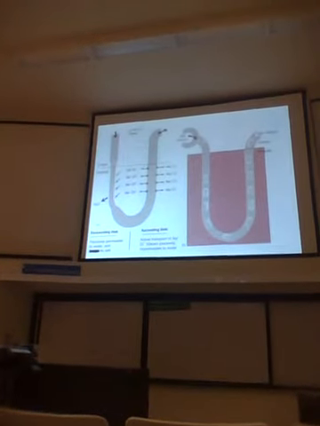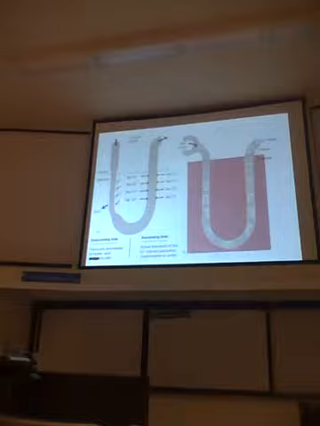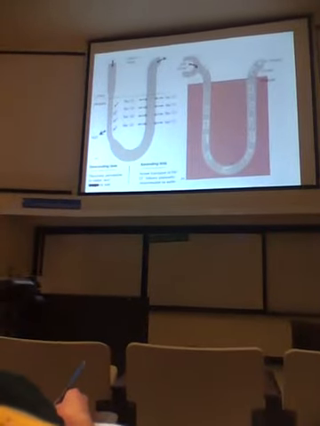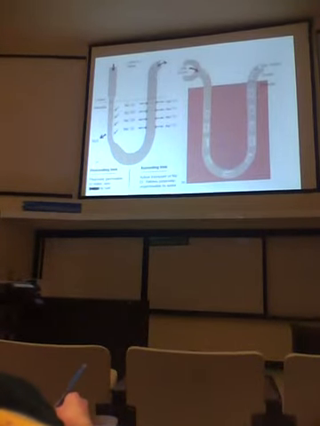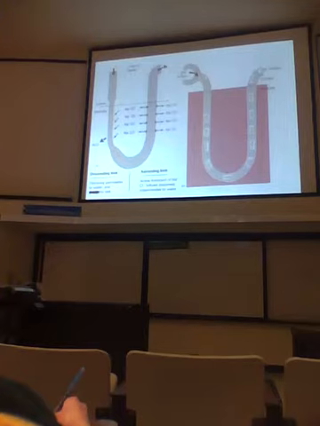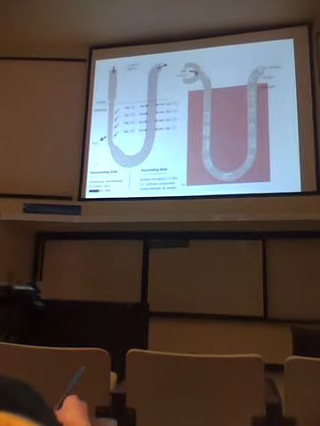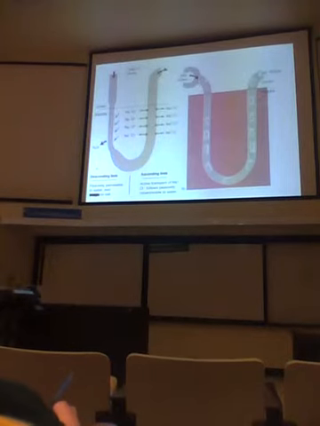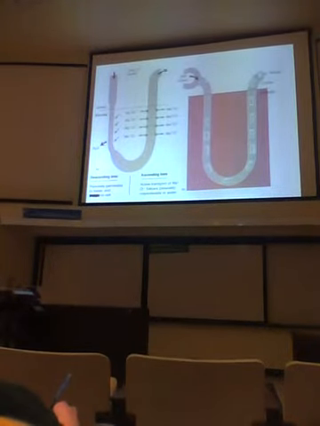Plus, mustn't forget this arrow here, there's more sodium chloride coming in from the filtrate. So the sodium chloride coming in from the filtrate, and the sodium chloride is going round and round and round. And so not much sodium is leaving the medulla.